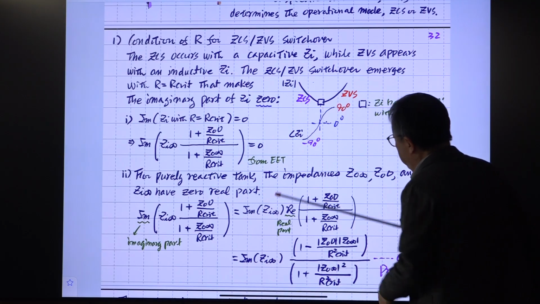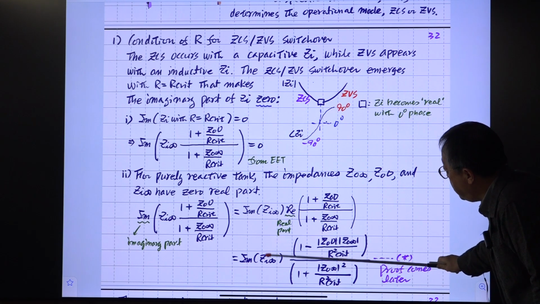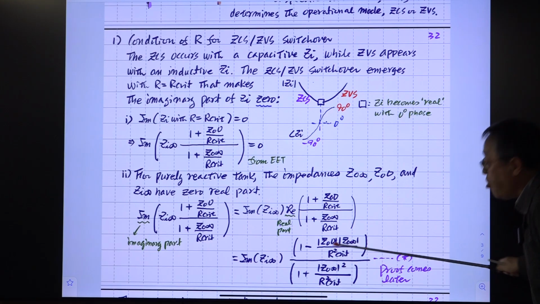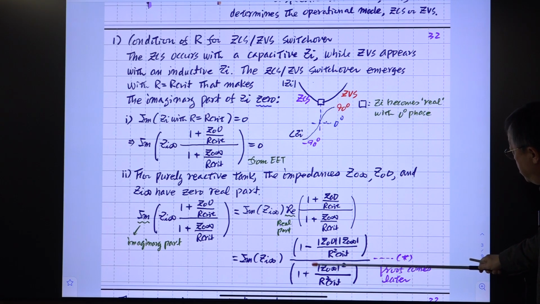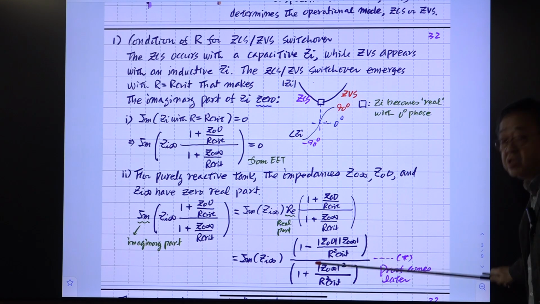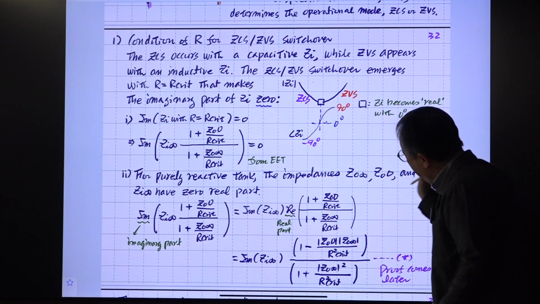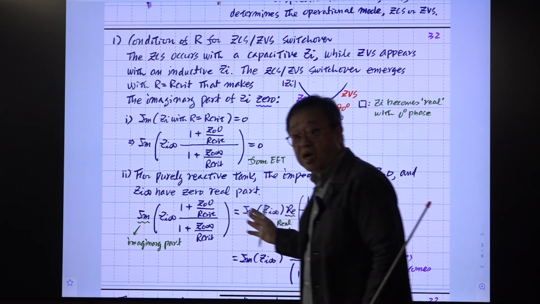Later on we'll prove this. Assume this is true, then this value is the imaginary part of this times this real number. This is the magnitude, everything is a magnitude, a real number. This becomes 0 at the frequency. The R that makes this term 0 is R critical.